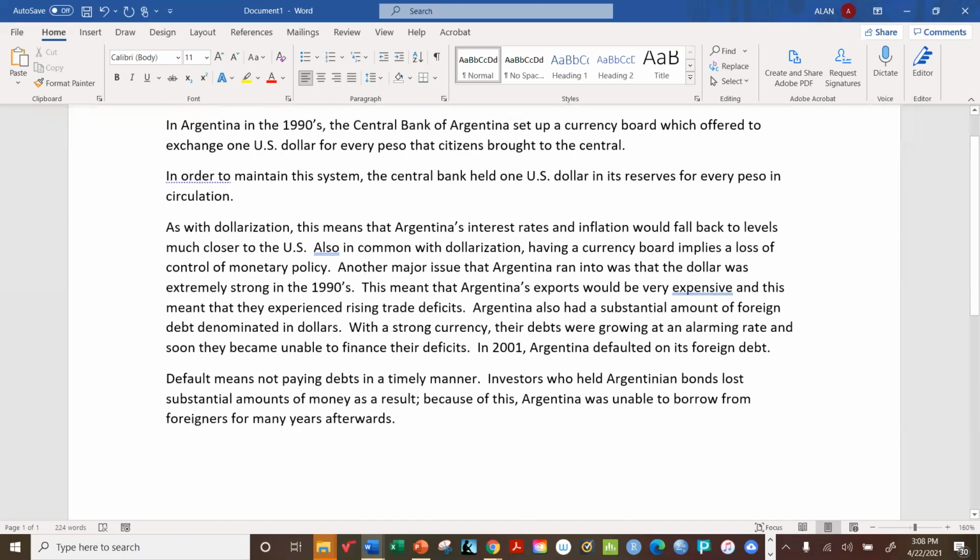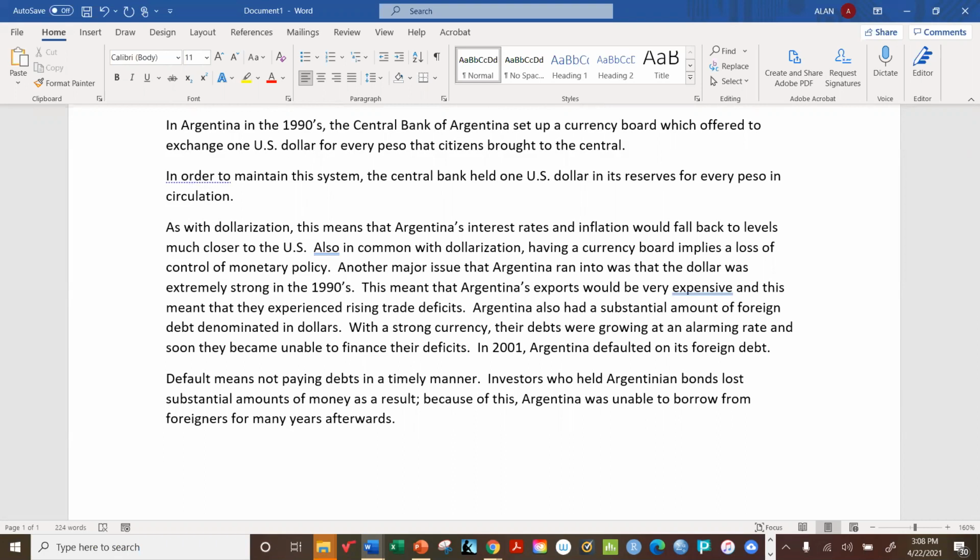So in other words, they were running into trouble. They had this currency board which is designed to reduce their inflation and interest rates, and it worked well in that sense. But then they suddenly found themselves with a very strong currency, which discouraged their exports, and it also increased the value of their foreign debts, which were massive, by the way.